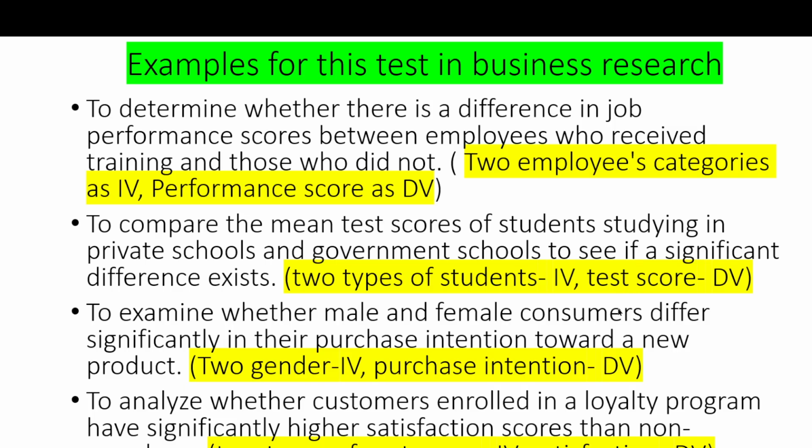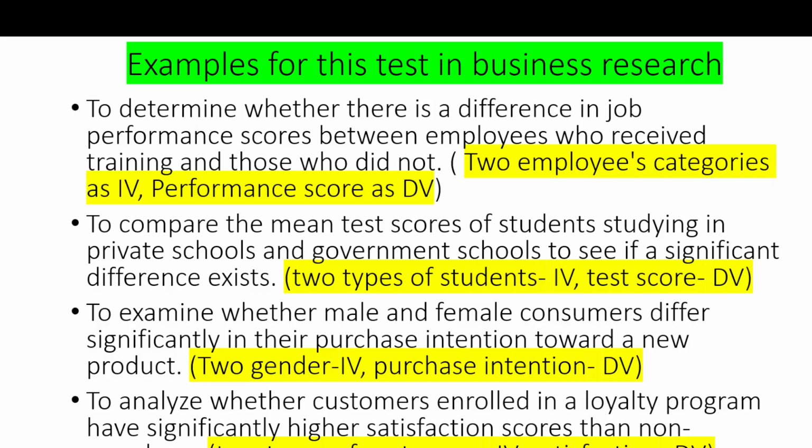This is the independent variable and test score is considered as a dependent variable. To examine whether male and female consumers differ significantly in their purchase intentions towards a new product. So again, the independent variable is two groups of customers, male and female, and purchase intention is the dependent variable. To analyze whether customers enrolled in a loyalty program have significantly higher satisfaction scores than non-members.